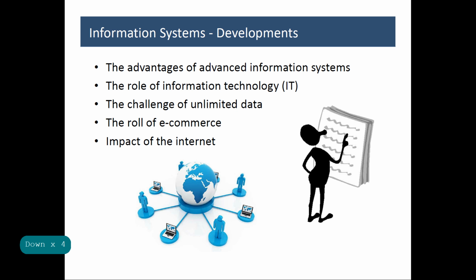So information systems are very useful to support the user in analyzing, collecting, and developing information from the data. So there's a true advantage of advanced information systems, and the role of information technology is very high in this area. But if you look at all the developments that come along with the label of big data and big data analytics, then there is a challenge of collecting and analyzing unlimited data volumes.